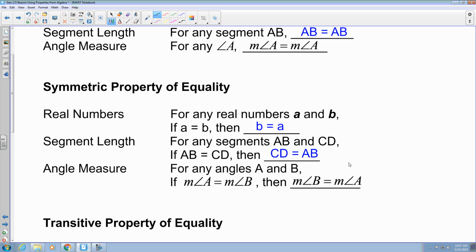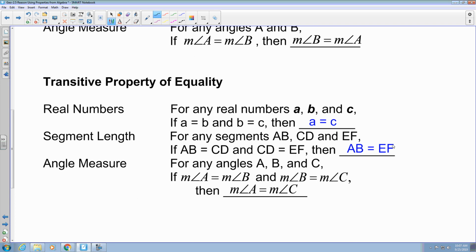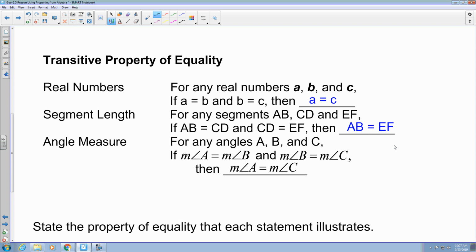Here, this is the transitive property of equality. For any real numbers A, B, and C, if A equals B and B equals C, then A is going to equal C. That's almost like when we talked about the law of syllogism.